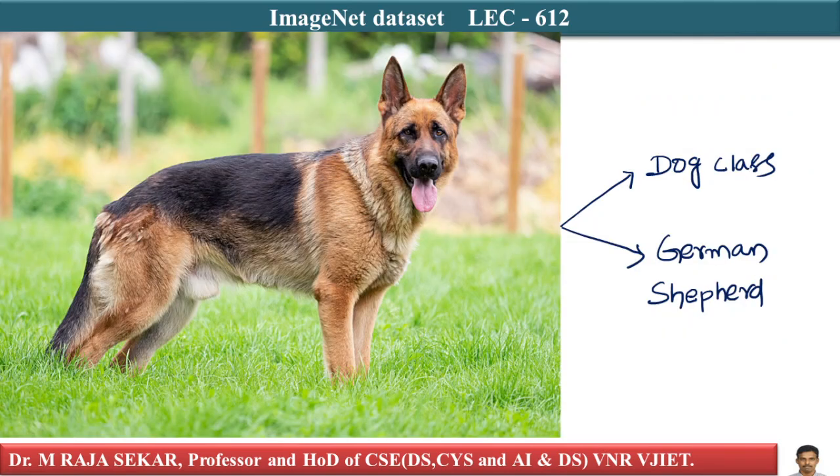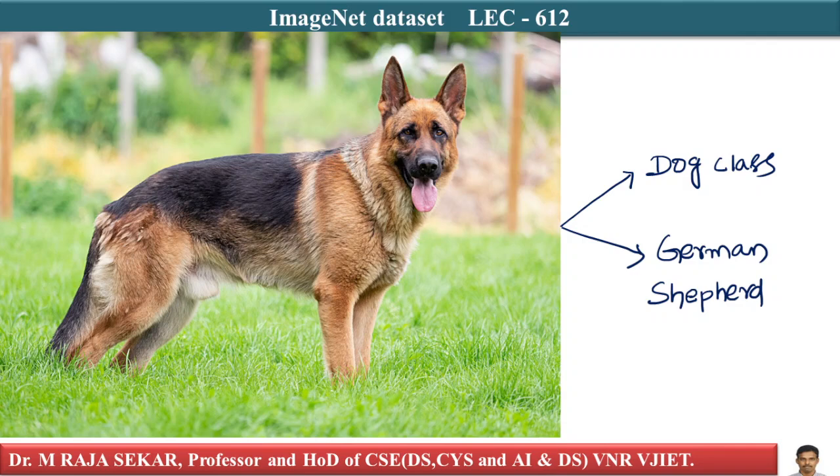Why is it ambiguous? Suppose there is an image where there is a dog. There could be a dog class, and there could be a breed of the dog, like German Shepherd, as another class. So this object belongs to both these classes, the dog class as well as the German Shepherd class, isn't it?